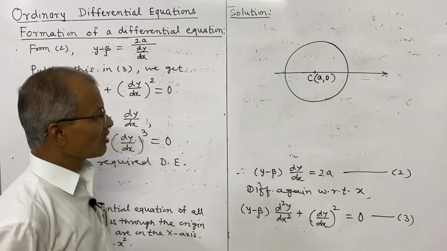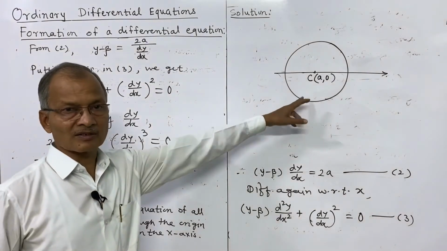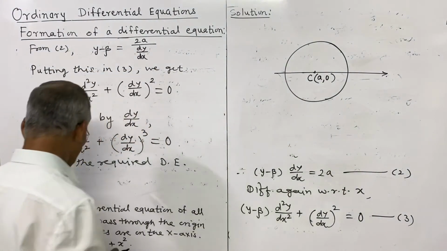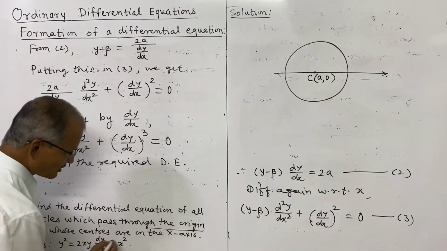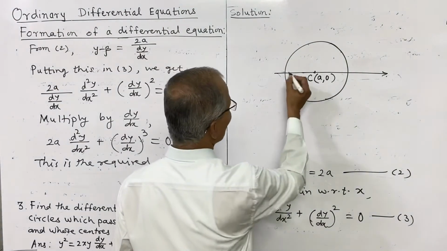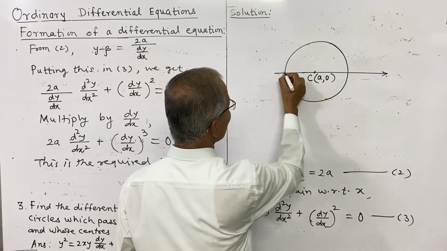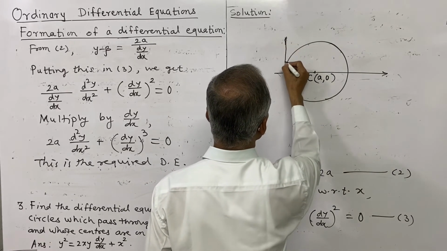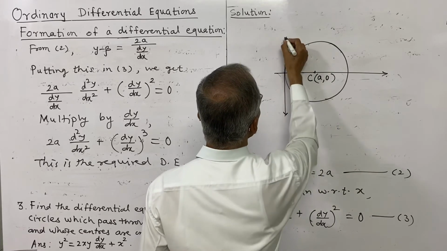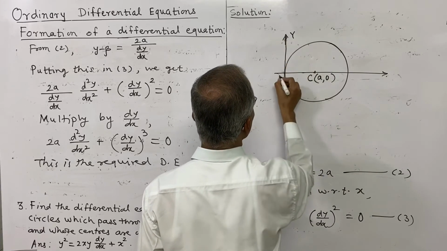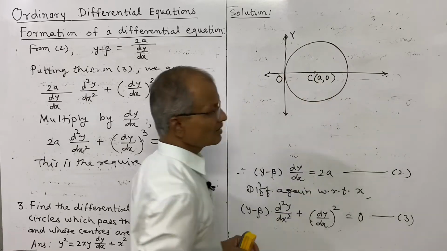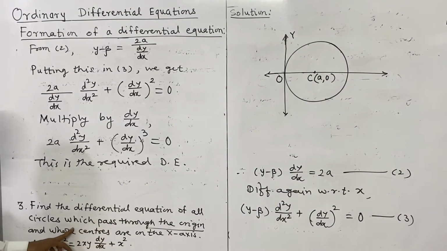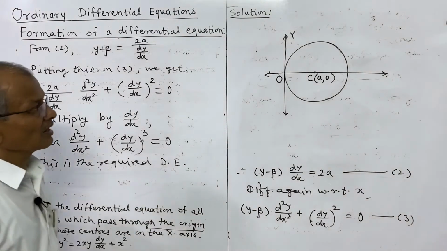So some x coordinate will be there, but y coordinate is necessarily 0. And another condition is this circle passes through the origin. So suppose a is positive, then origin must be here. It passes through origin, so that means it touches the y-axis. This is the y-axis and this is the origin. So this is the figure for the circle passing through origin and having center on x-axis.